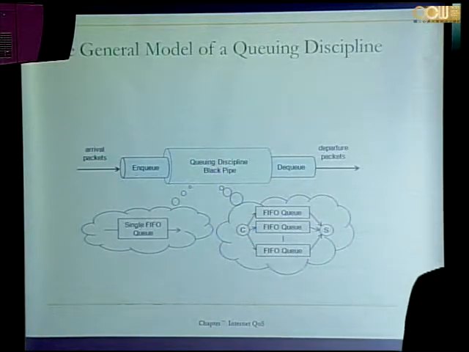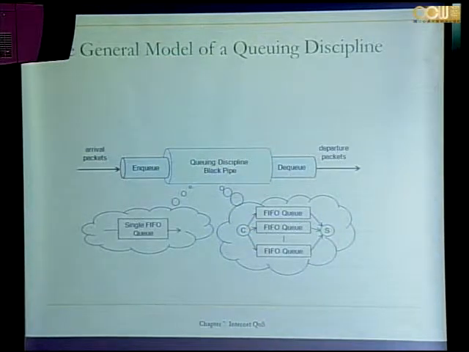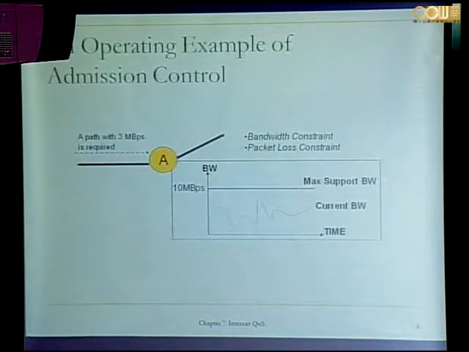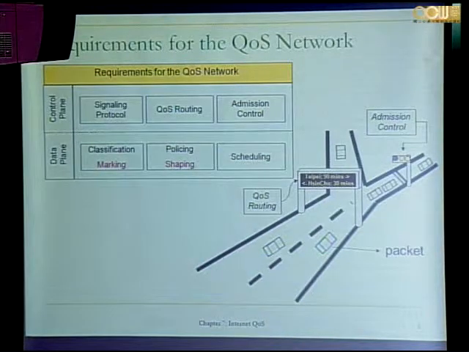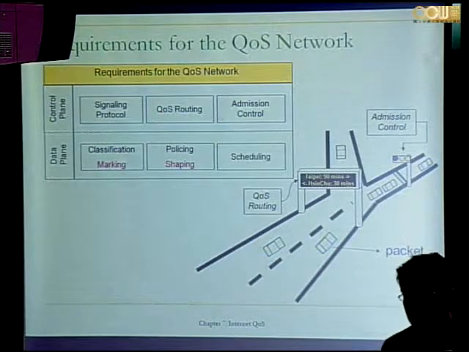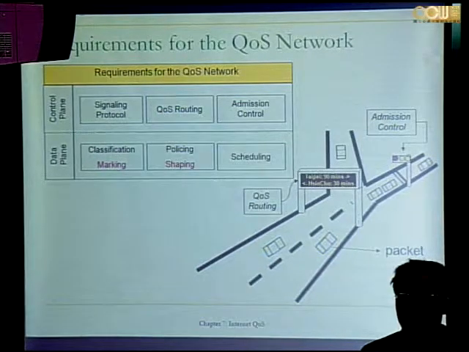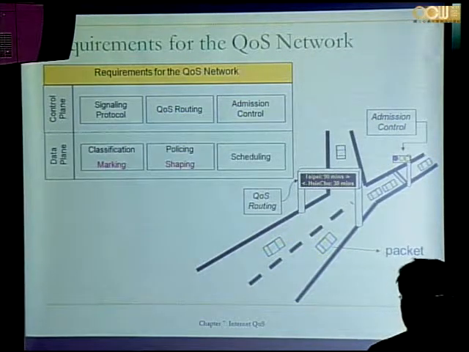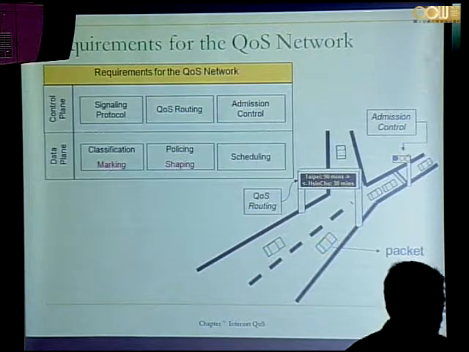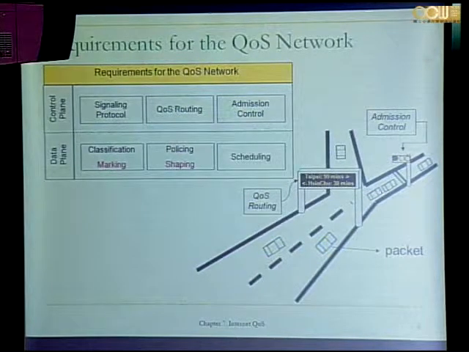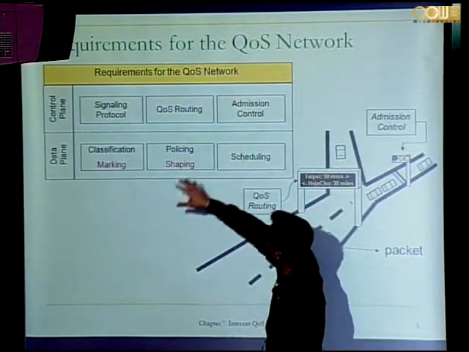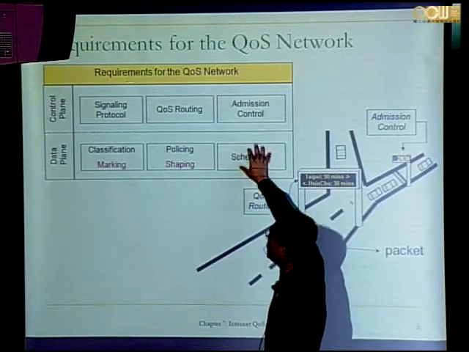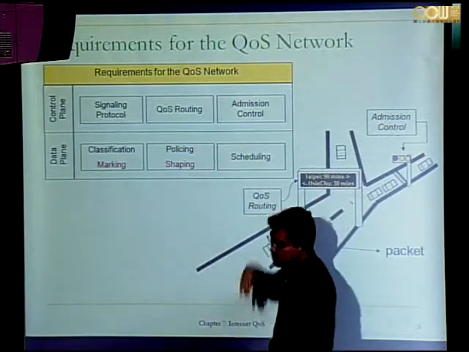So among the 6 mechanisms, QoS is actually enforced by scheduling. QoS is about allocating the bandwidth to different flows or classes, and it's actually enforced by the packet scheduling. This one is the main character, the key role. All the other 5 are trying to support this.